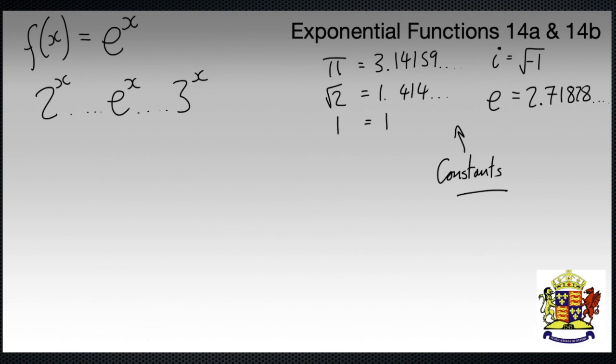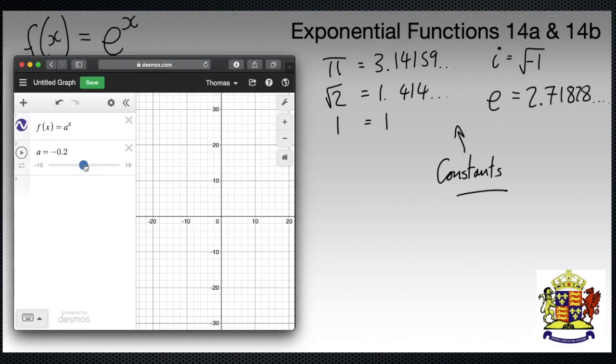Okay, so if we look at it here, the graph is somewhere in here, okay? In fact, I'll plot it for you just to show you. e to the x, there it is, okay? So there's 2, there's 3, it's just shy of those two.